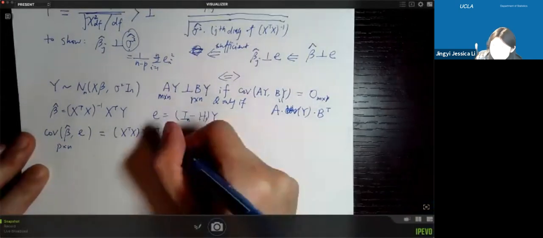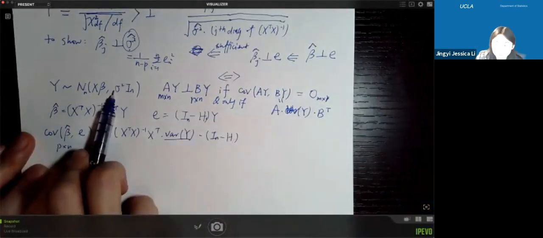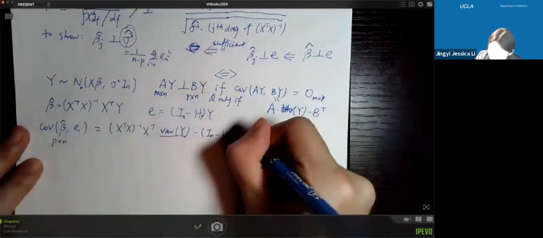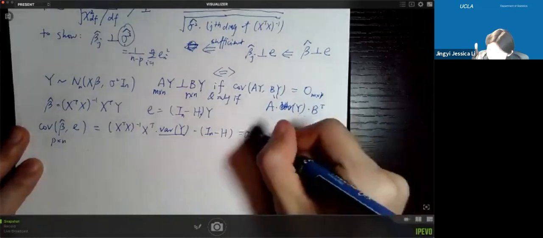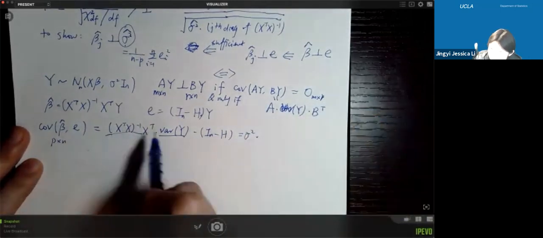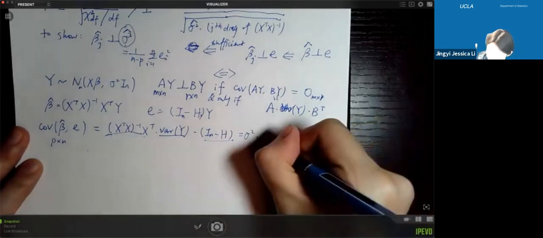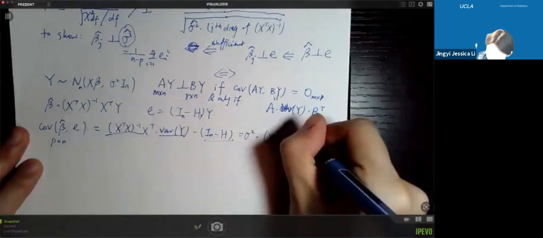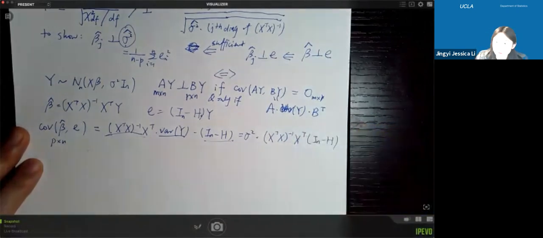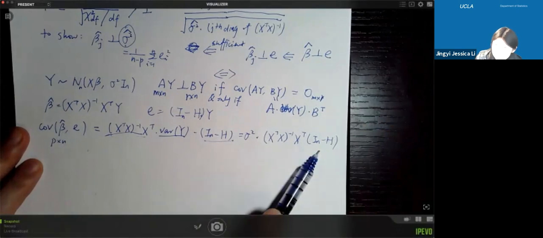And this variance is easy to deal with. It's sigma squared times the identity. So I can put sigma squared forward, and I'm left with X transpose X inverse X transpose times I minus H. Now I'm going to show that this is 0.